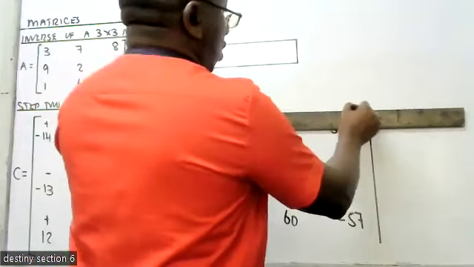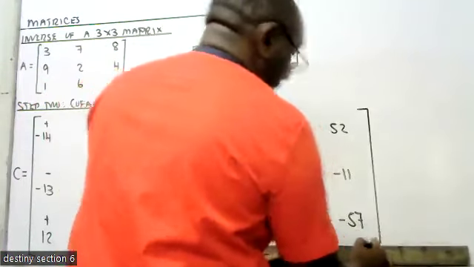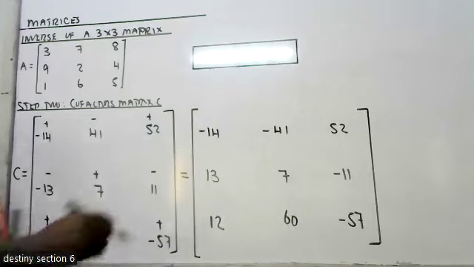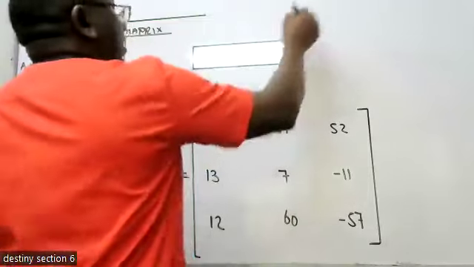So that is what we call the cofactors matrix. You get it like that. I want to copy it here so that I have it here.